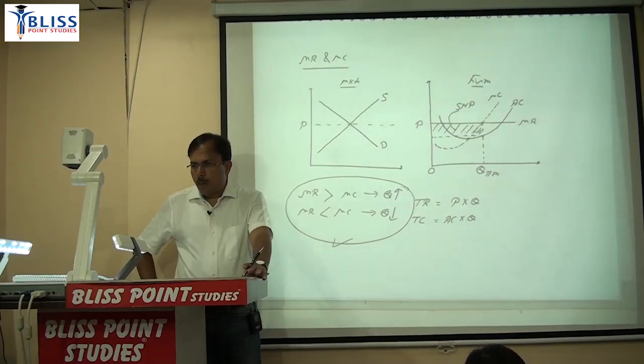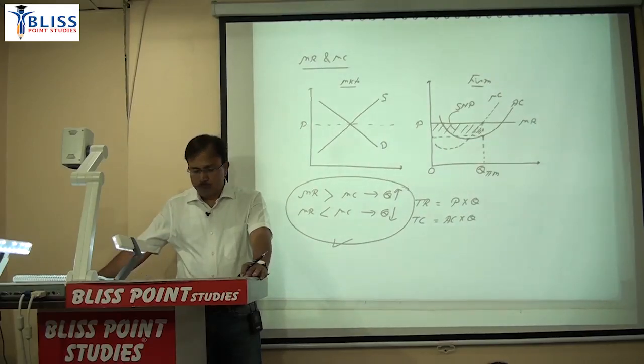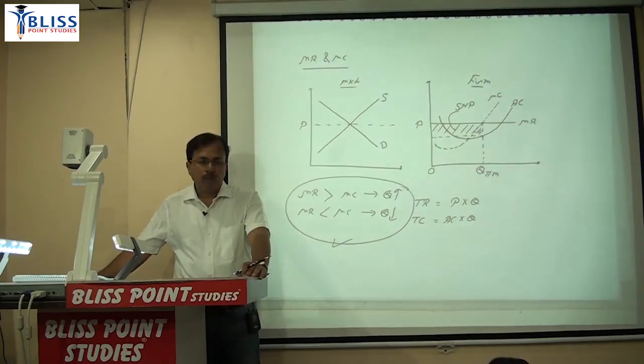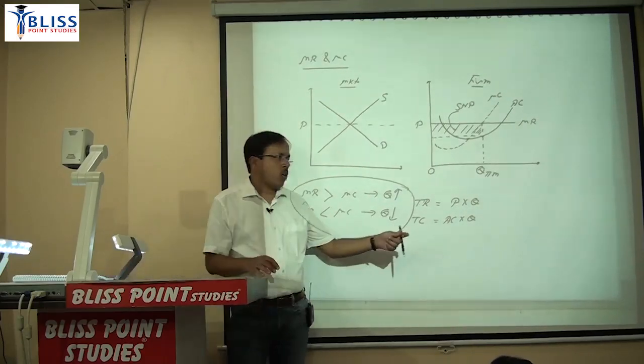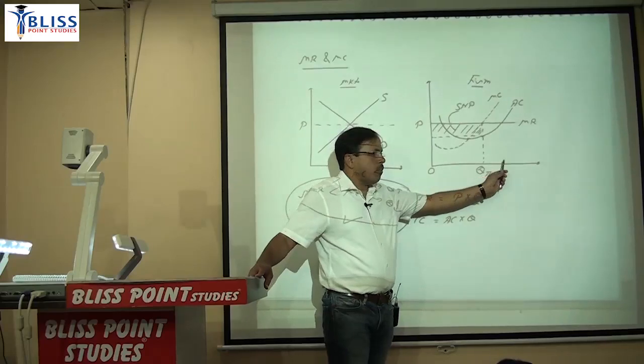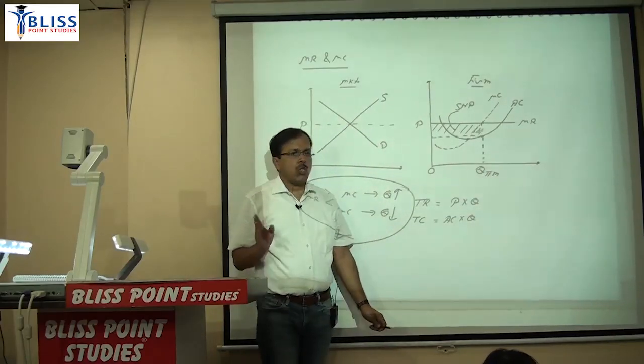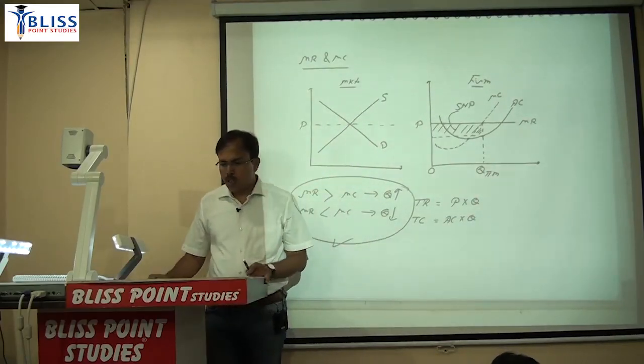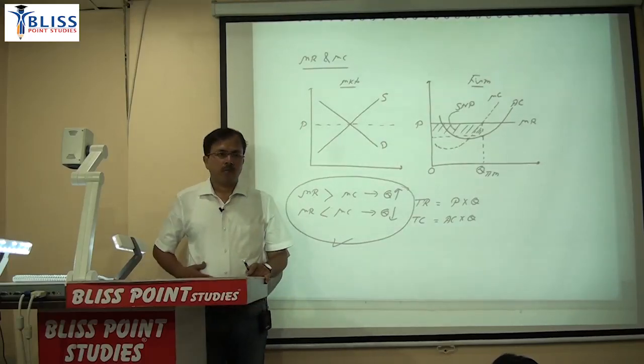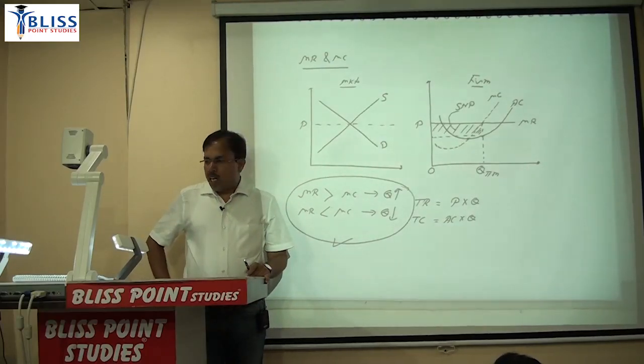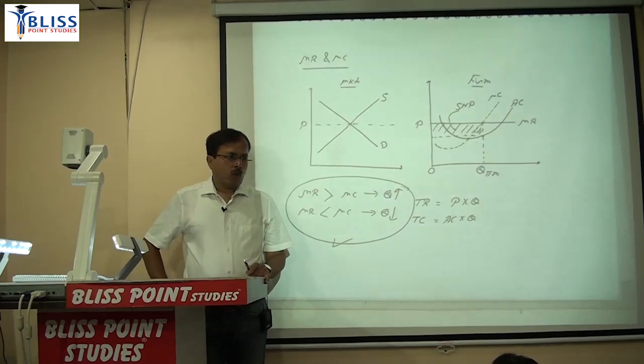On the other hand, to the right of profit maximizing quantity, each unit of output is adding more to cost and less to revenue.